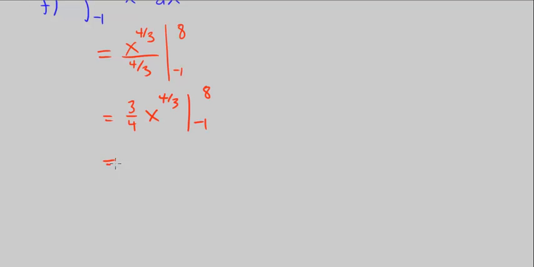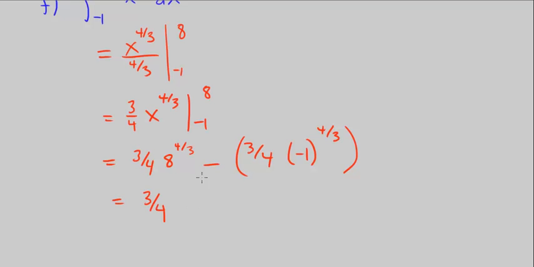Plug in 8, so it's 3/4, 8 to the power of 4/3, minus, in parentheses, 3/4, negative 1 to the power of 4/3. Right? So now let's just simplify this. 3/4, well, again, I'm going to use the technique to know that I could break this up, because 8 to the power of 4/3 is the same as 8 to the power of 1/3 times 4.